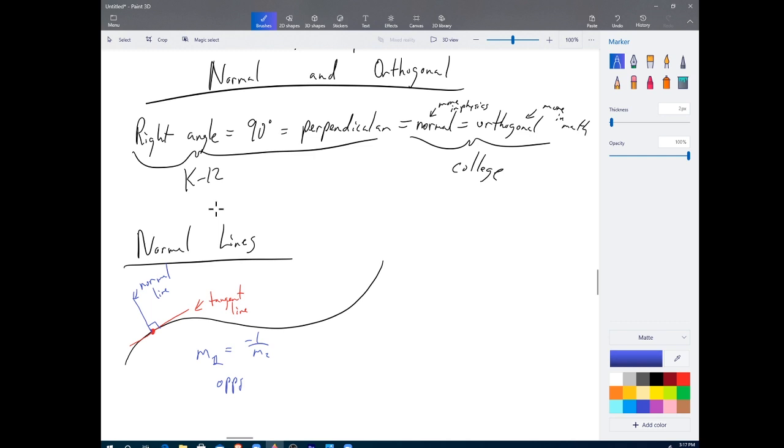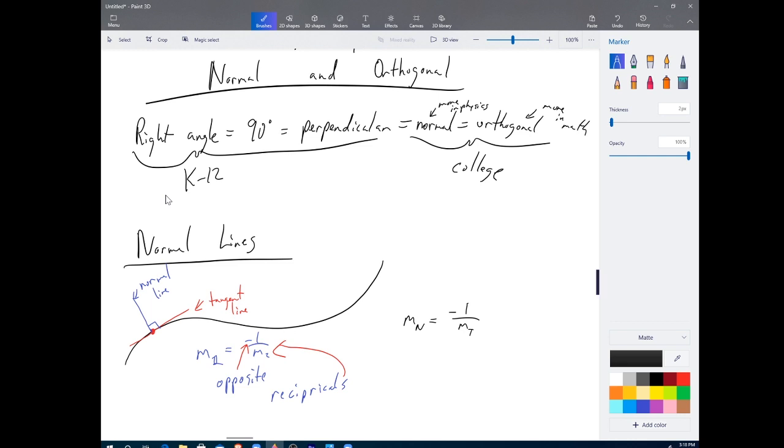Opposite reciprocals. Opposite because it's got the negative sign there. Opposite just means opposite sign. Reciprocal means you take the thing and you flip it upside down. So in other words, the slope of our normal line will be the opposite reciprocal of our tangent line. So if I can find the tangent line, I can find the normal line.